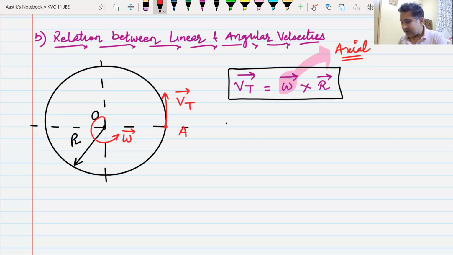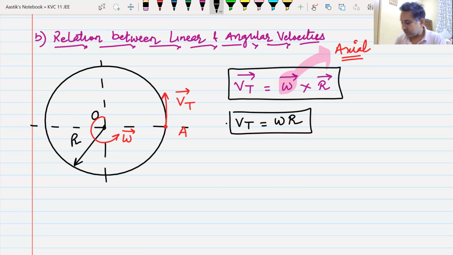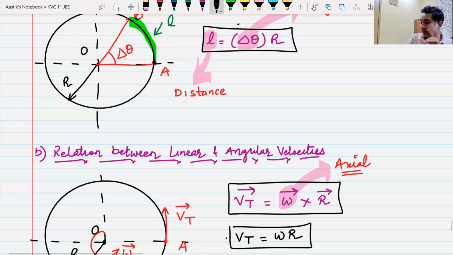This is the vector relation, but we can also find a scalar relation which relates the magnitude of the two velocities. What is the scalar relation between these two? The scalar relation is simply v tangential is omega multiplied by r. And as you can see, it looks exactly as what we had seen here. See, I'm showing you both of the relations.